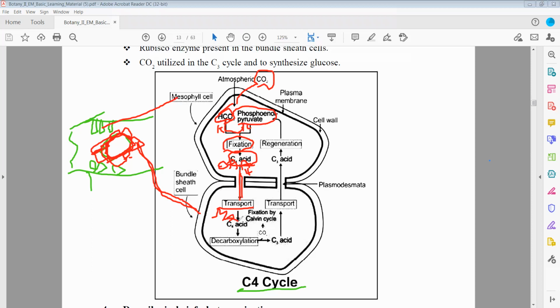Actually, malic acid is formed in the mesophyll cell only, then it is transported into the bundle sheath cell. So now in the bundle sheath cells, malic acid is there, and it undergoes decarboxylation.